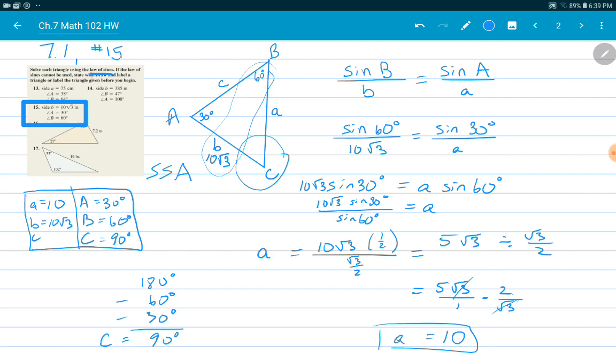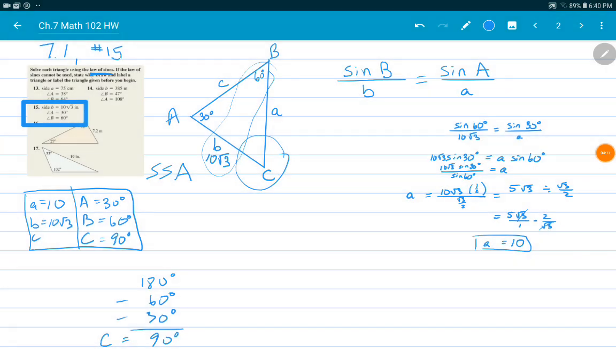And to get that third side, I will use law of sines again. So I'm just going to shrink that up to make some space for myself. My last side is side C, so I need a ratio with C in it. That gives me sine of C over side C. I have all this information right now, so I really could use either sine of A over A or sine of B over B just to set up a proportion.